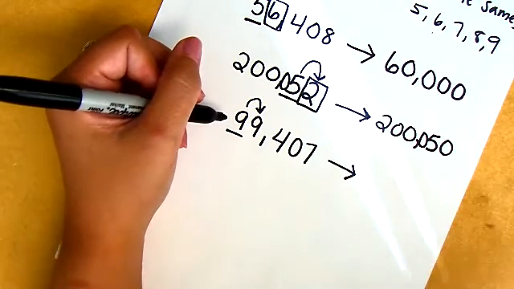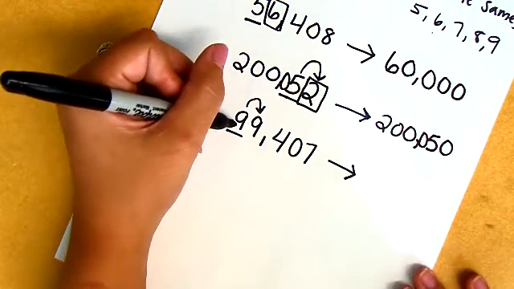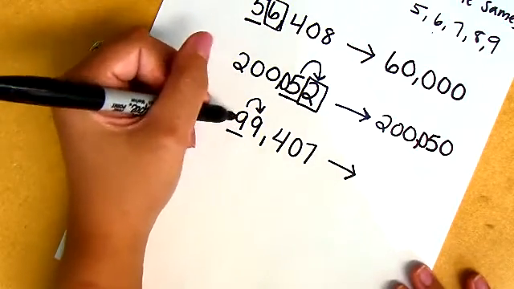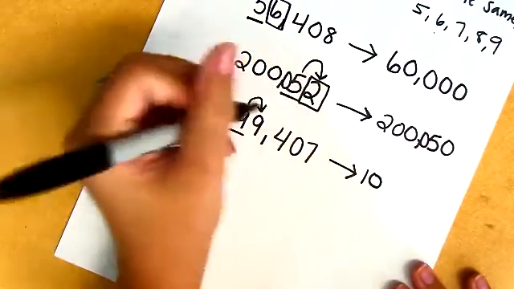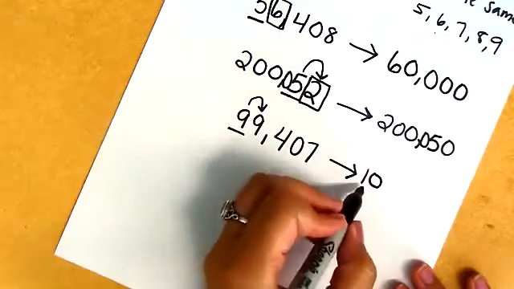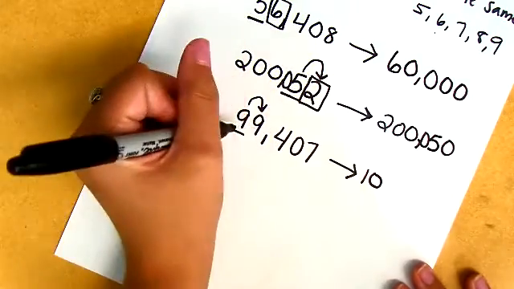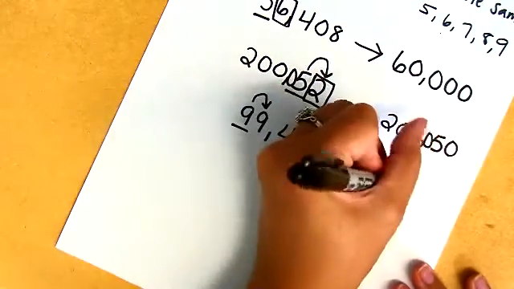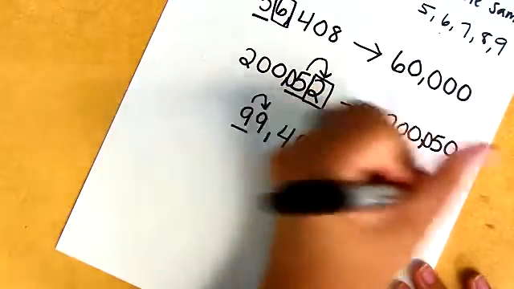The problem is that it doesn't just fit nicely into one place value. So what's going to happen is you're going to replace the 9 with a 10, and everything after is still going to become a 0, but we're just going to have an extra place value towards the left. Now that 9 becomes a 0, the 4 becomes a 0, we'll keep that 0, 7 becomes a 0.